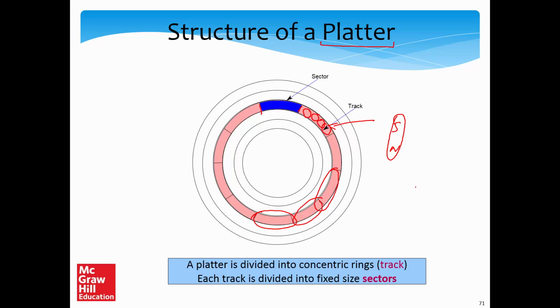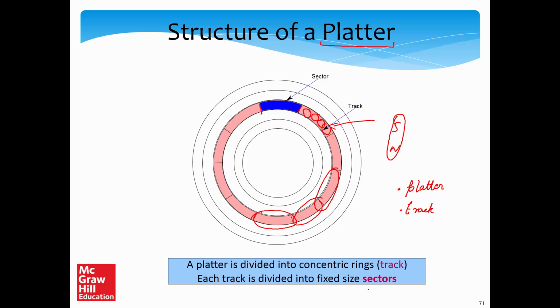So what are the three terms that we have defined now? We have defined a platter, which is a ring with a hole in the middle. The hole in the middle is for spinning this ring. Then we have defined a track, which is one of the concentric circles and contains many, many magnets arranged side by side.